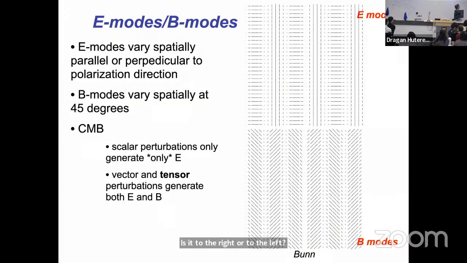But then the polarization is pointed up or down, and a spin 2 field says it's the same going up as going down. So it turns out that what matters is not the derivative, it's the second derivative. But E modes and B modes are all about how things are changing: which way does the field change compared to the direction of the polarization, or which way is it polarized compared to the direction it's changing?